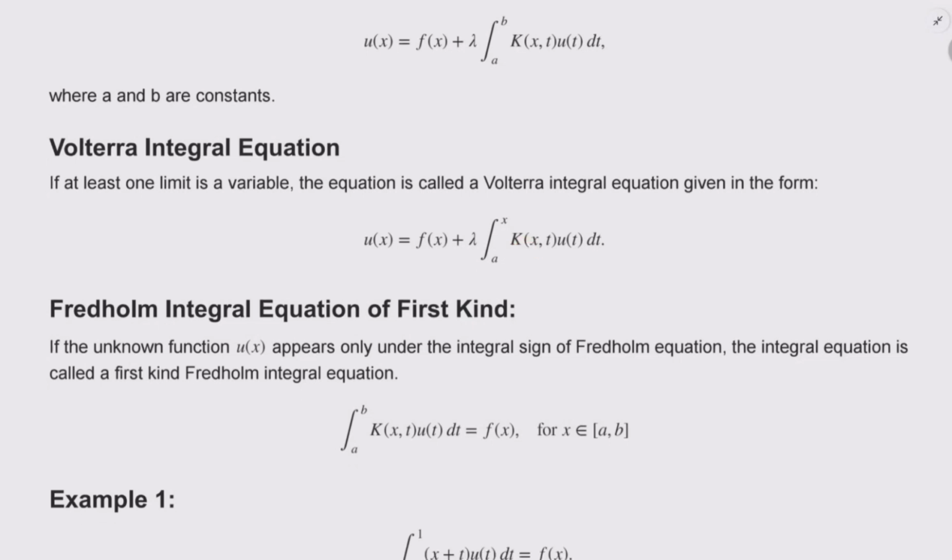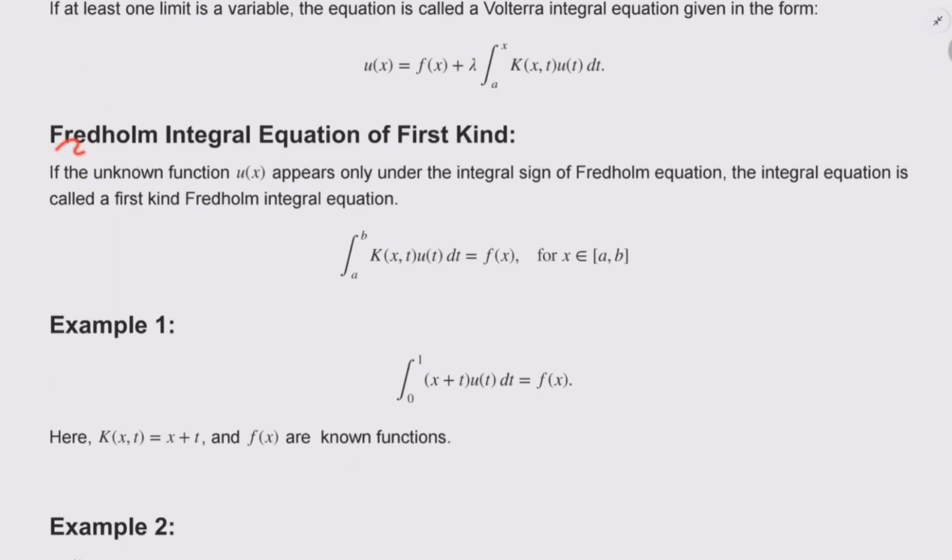Then there is another definition which is known as the Fredholm integral equation of the first kind. It means that there is one unknown function. In this equation, there is only one unknown function, and it appears only once.